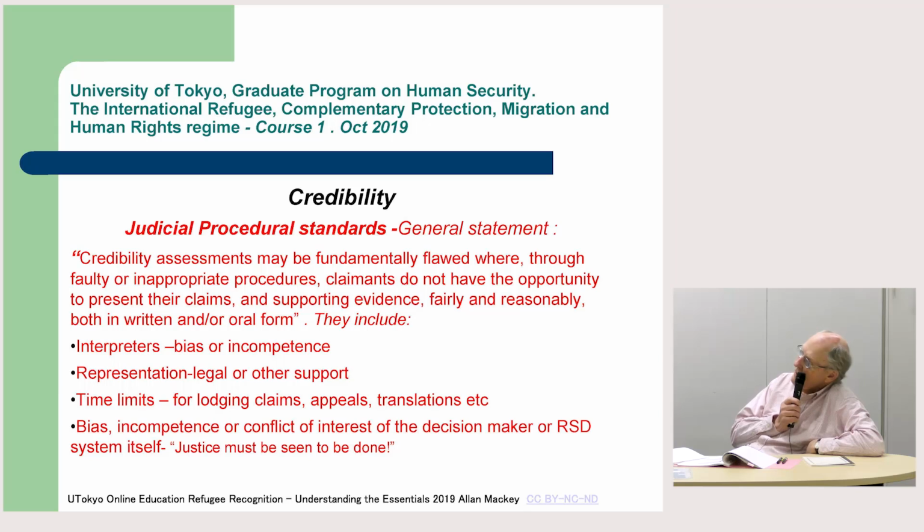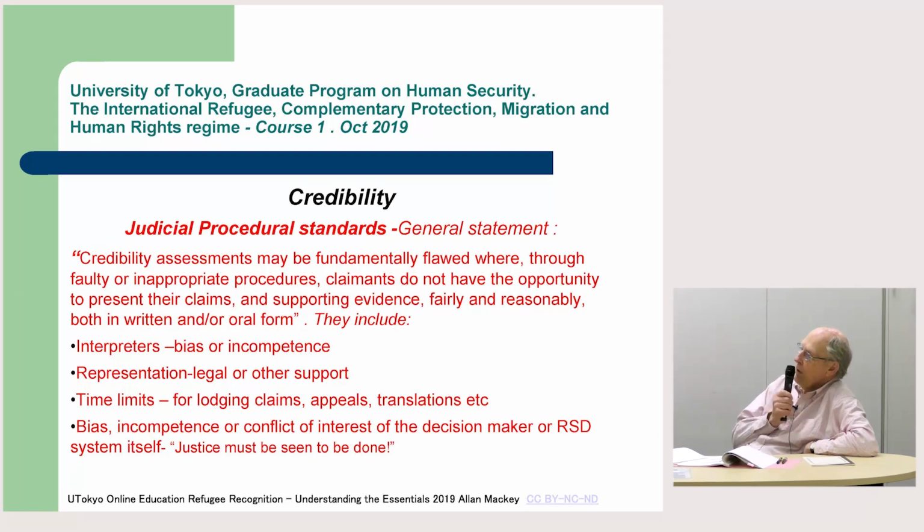Time limits. I know you did have a 60-day time limit here. You can't just put time limits on things like that. The risk of persecution doesn't go away in 60 days. It just doesn't fit. Anyway, in appeals, getting translations done. Again, bias, incompetence, conflict of interest by the decision makers or the system itself.